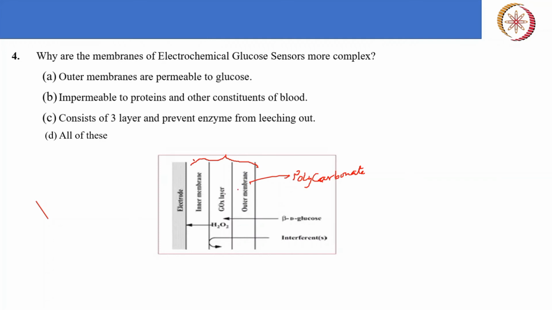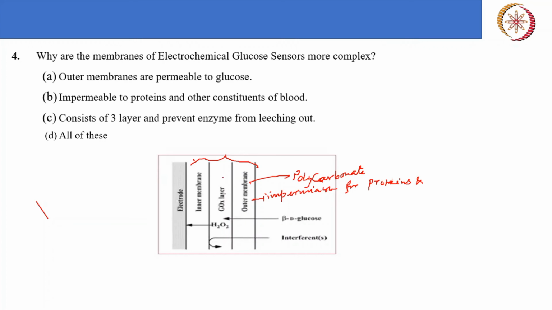Basically this outer membrane is permeable for glucose, and impermeable for proteins and other constituents of blood.